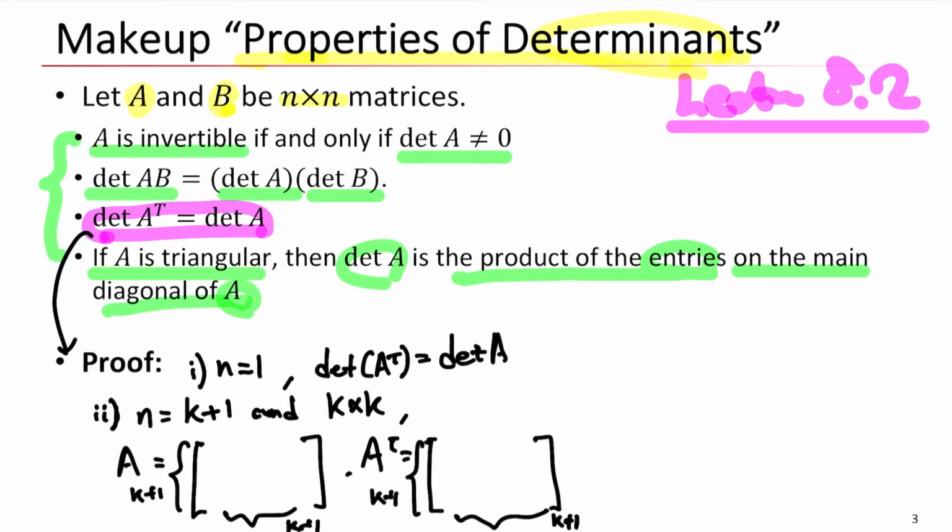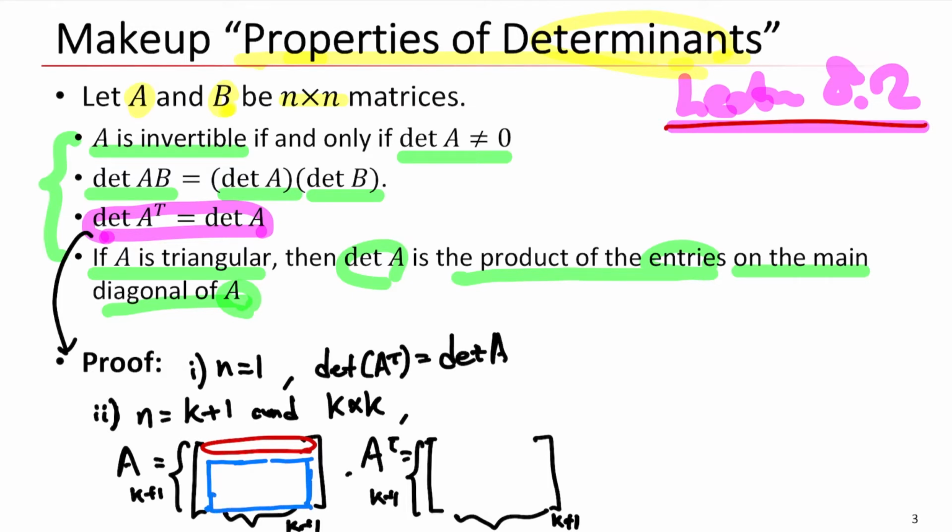To estimate the determinant of A and A transpose, we can use the cofactor expansion method, started in lectures 8.1 and 8.2, right? If we think about the cofactor of this row, then the determinant of this submatrix will be used.